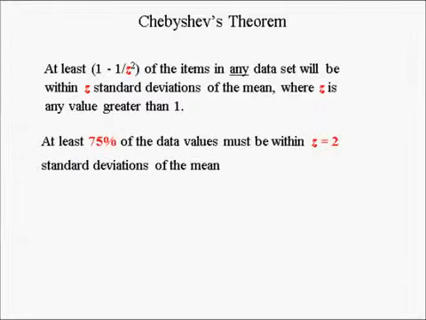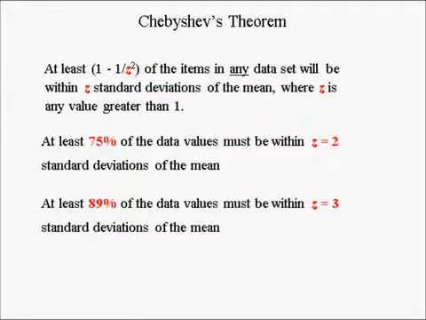If z equals 2, z squared is 4. Dividing 1 by 4 yields 0.25. Subtracting this from 1 yields 0.75, which, according to Chebyshev's theorem, means at least 75% of the data values will be within 2 standard deviations of the mean.